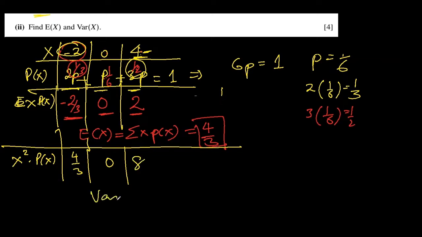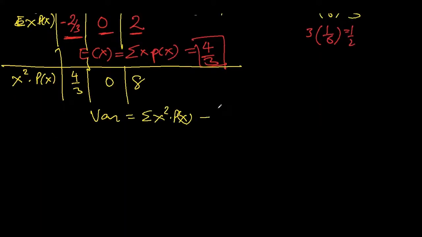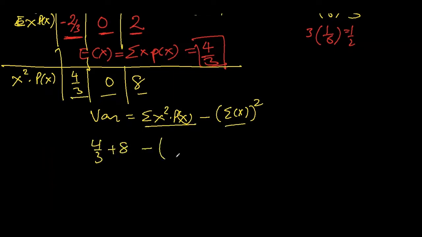So variance, which is sigma x square px minus the square of expected value or mean. Okay. So sigma x square px will be the sum of these three, which will be 4 over 3 plus 8. And minus, we got expected value as 4 over 3.